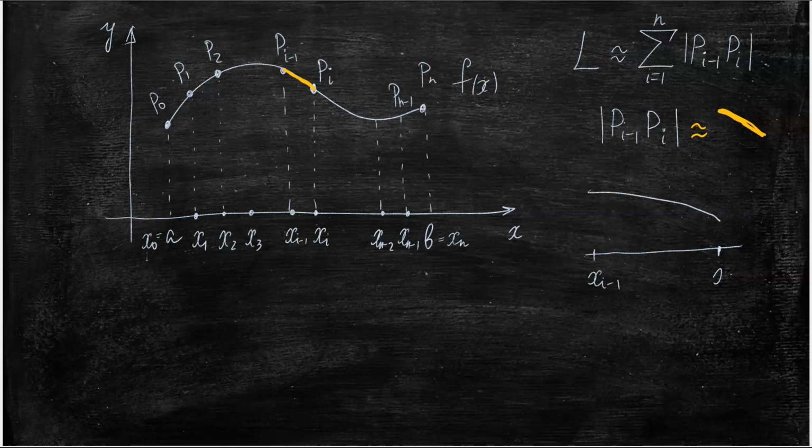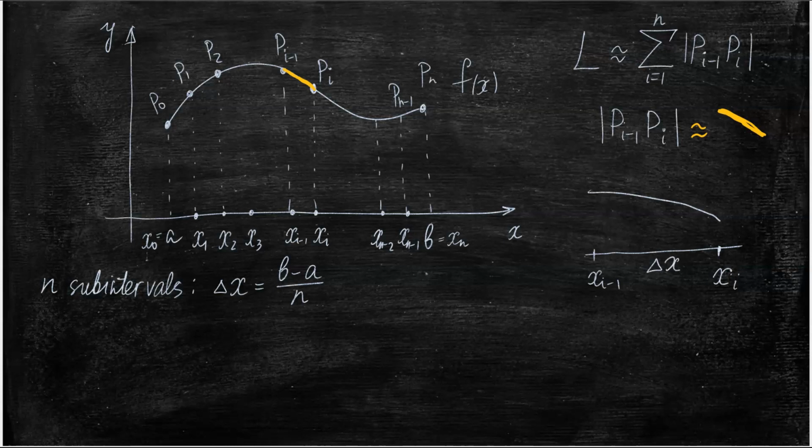Then we can introduce the following notation. As always, we're going to have n subintervals, and delta x will be the width of each one, which can be found using this formula. And on this picture, delta x will be right over here.